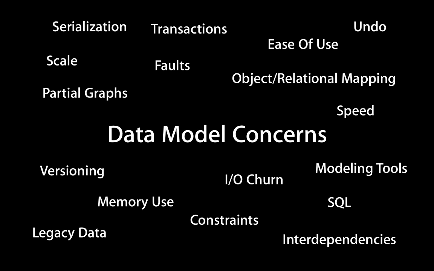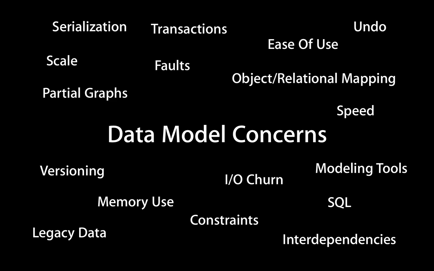Things like, are there modeling tools available? Am I going to be using SQL? Do I need transactions for complicated model transformations? What about versioning? Maybe you're trying to get a quick 1.0 version of an application out there, but you already know what's going to be in the 2.0 version, so you think about how to transform that data from one version to the next.